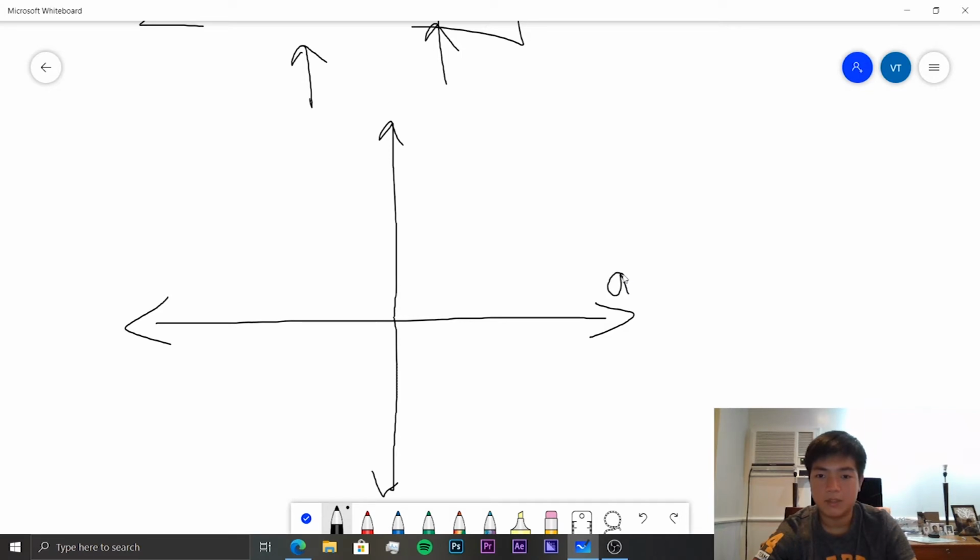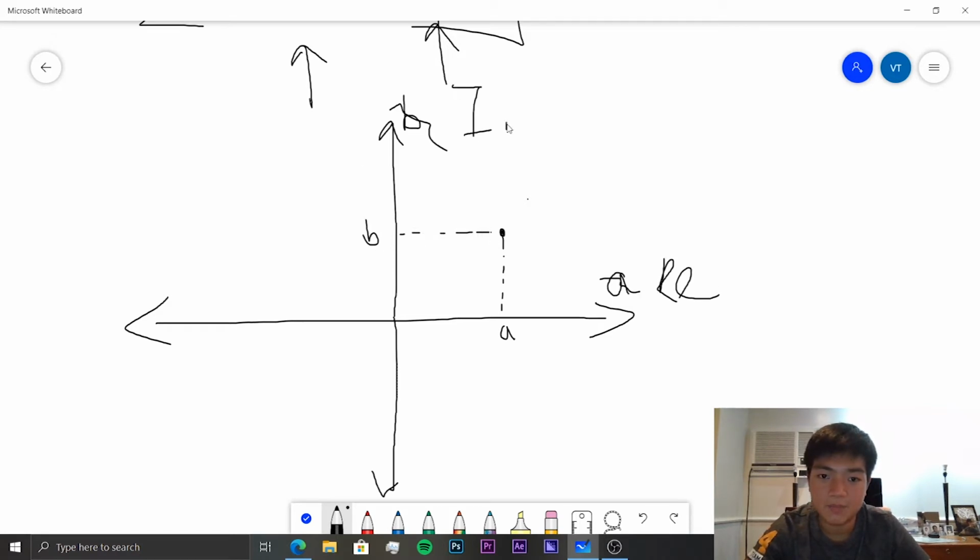So this would be all of the real numbers, and this would be all of the complex numbers. And so we can graph any complex number on this plane, just as we can write any real number on the number line. Sorry, these axes should actually be real and imaginary. And so this complex number would be a plus bi. And we can get a lot more into this later.